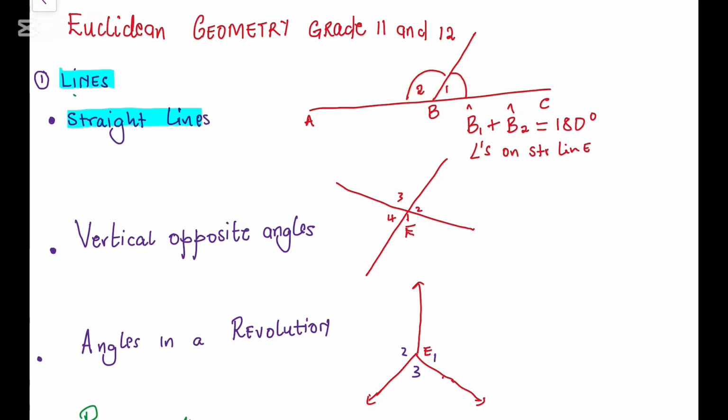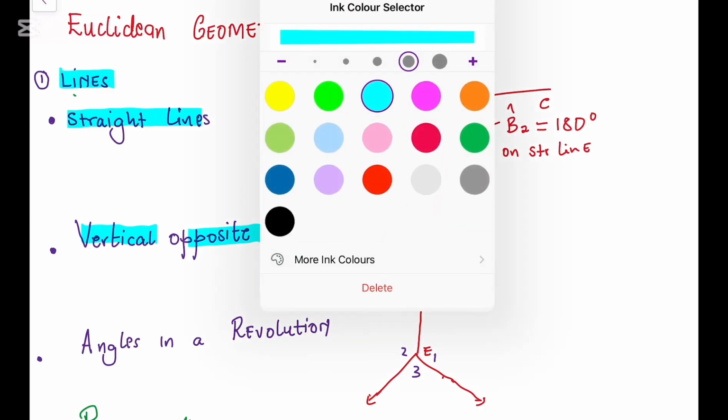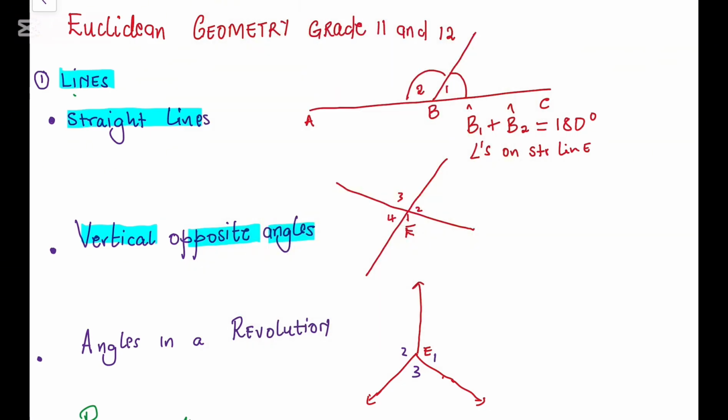And then number two, we have two straight lines that are crossing. If two straight lines are crossing, we get what we call vertical opposite angles. Vertical opposite angles are always equal. So now in this diagram, angle E1 is the same as angle E3.